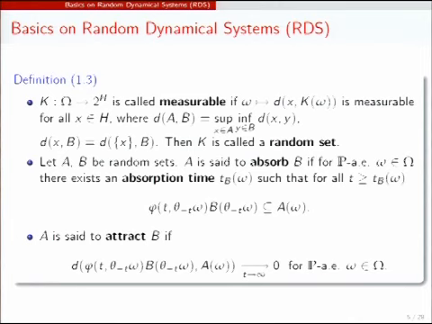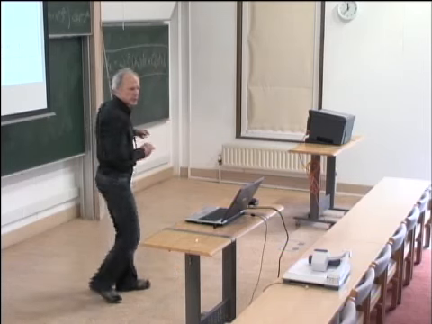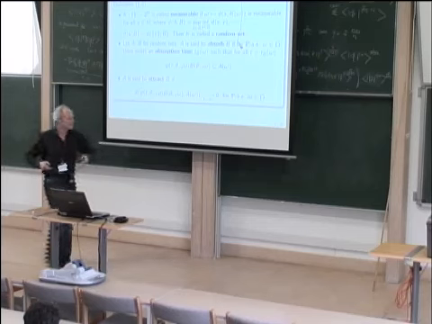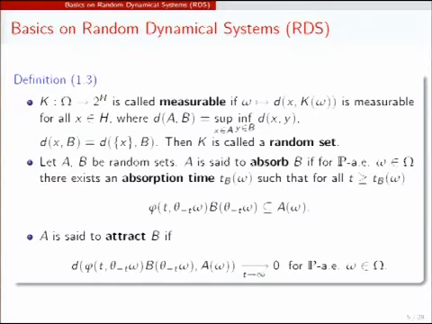So what does it mean? You have a random set A of omega, it absorbs now the other random set in the following sense. So you look at this set, but not at omega. So let me see. This is the positive x, this is the minus from your side. So you go back in time, yeah, with the set B, you look at this B at omega shifted by theta minus t.